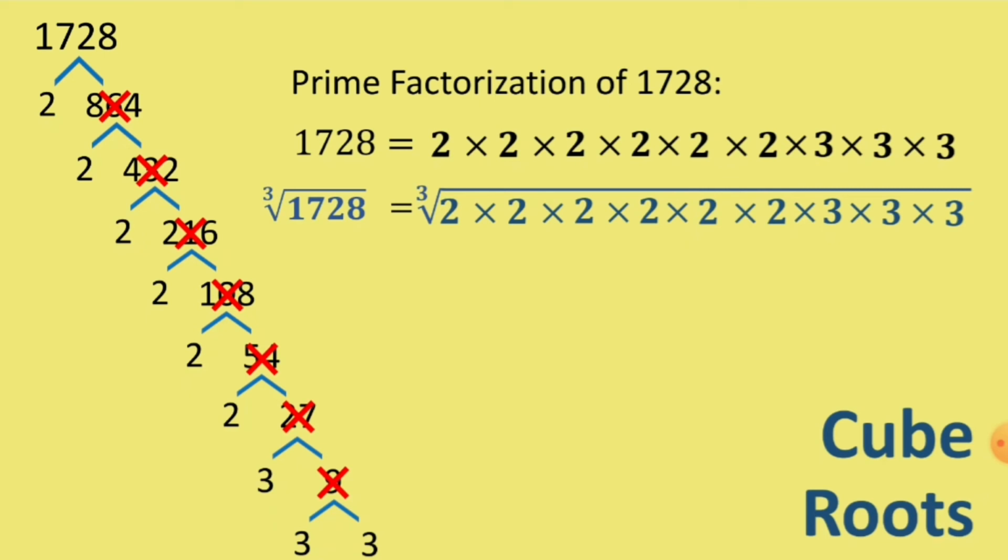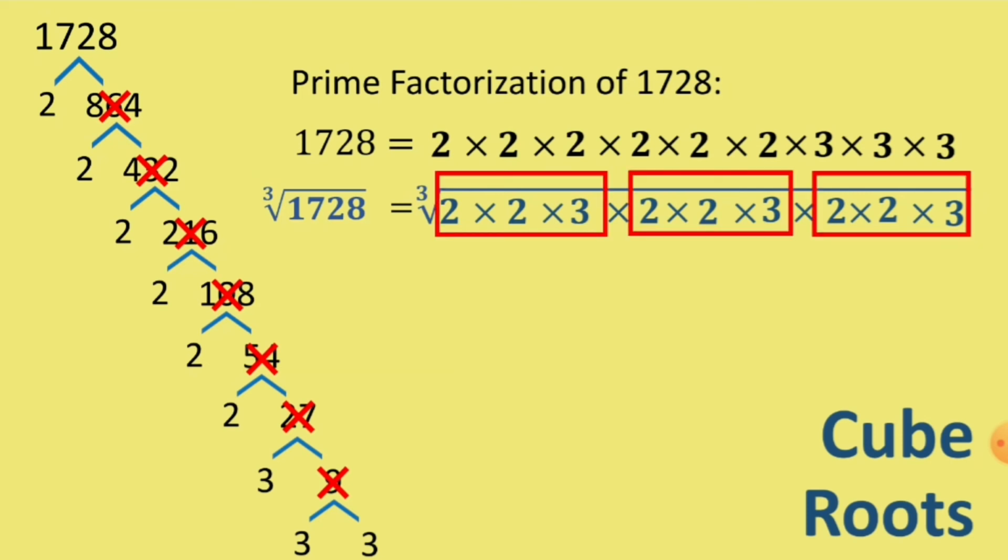Now, I will change the order of this multiplication with the commutative law. You can see that this new order actually consists of three identical multiplications.